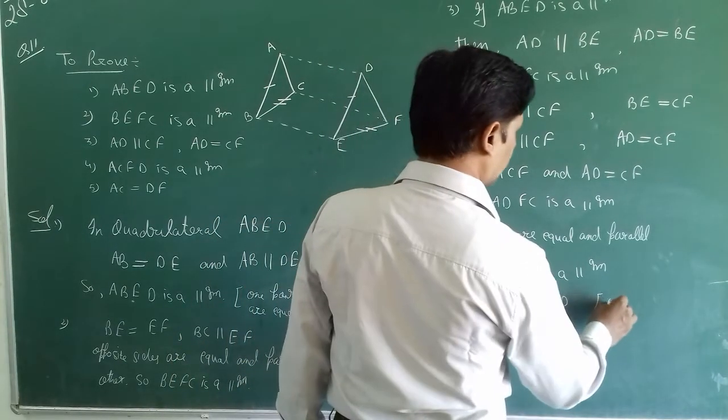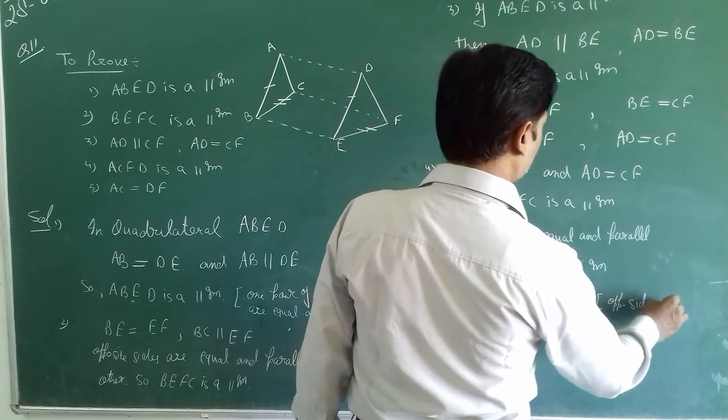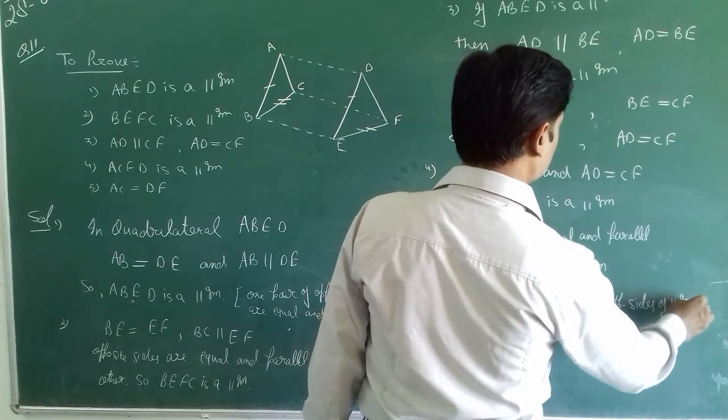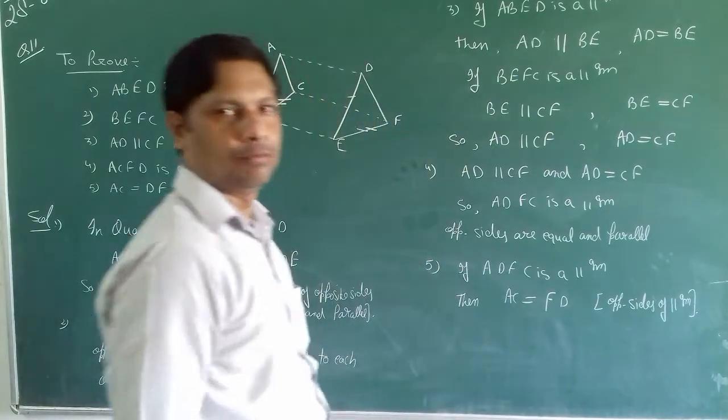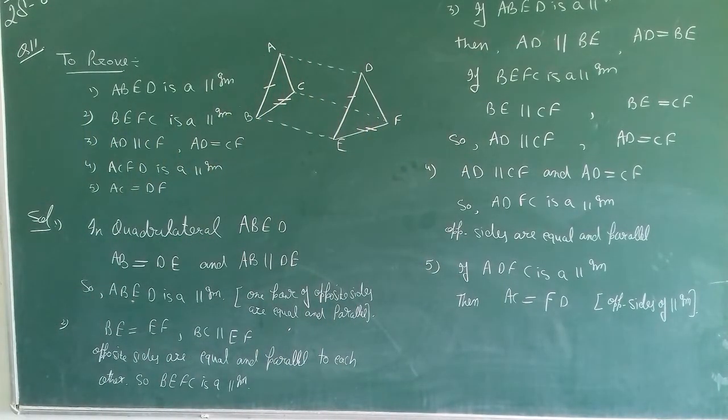Reason is opposite sides of a parallelogram. Is it right, students? So this is our question number 11. Many parts are there. You have to do it very carefully. Then we will start our next question, that is 12th.